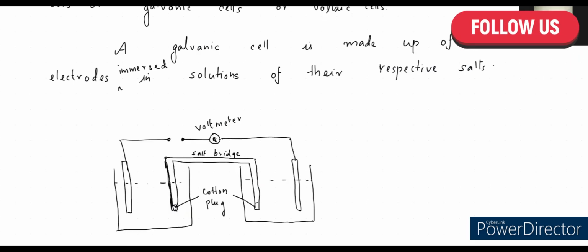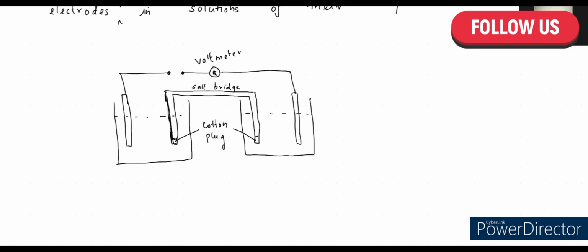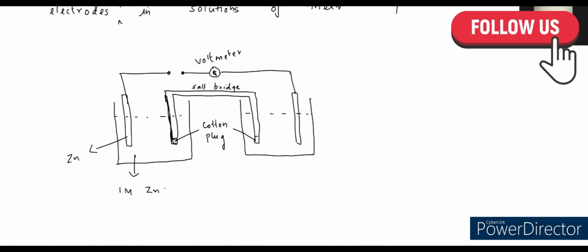Let's see how this is constructed. A galvanic cell is made up of two electrodes immersed in solutions of their respective salt. Let's analyze this diagram here. On one side, let me call it one half reaction, I have taken a zinc rod, Zn rod, which is immersed in 1 molar solution of ZnSO4.